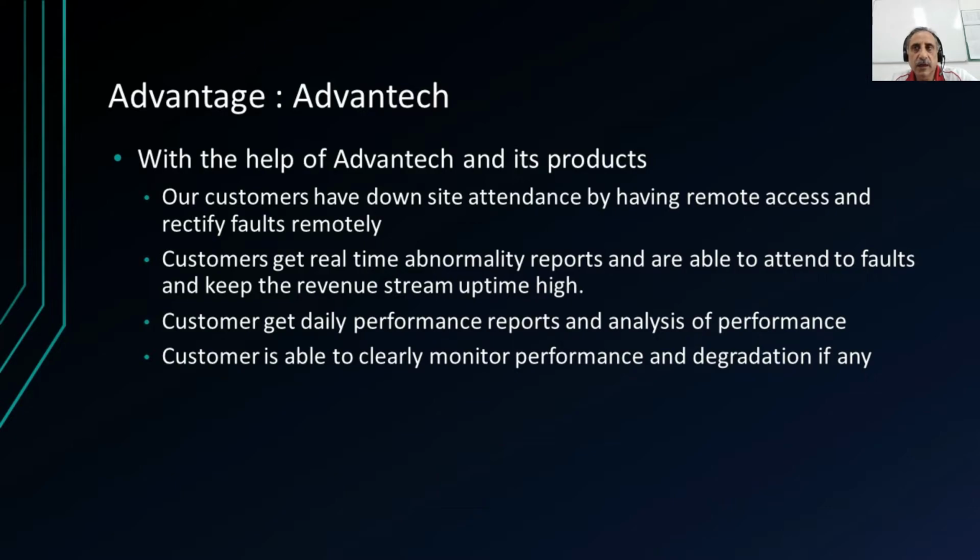Once they get informed that the fan has failed or any of the other components has failed, they immediately go and replace it. Thereby they keep their generation at a very high level, offsetting any revenue loss they might otherwise have incurred had they not been informed of the fault or had they not kept the identified component in stock.